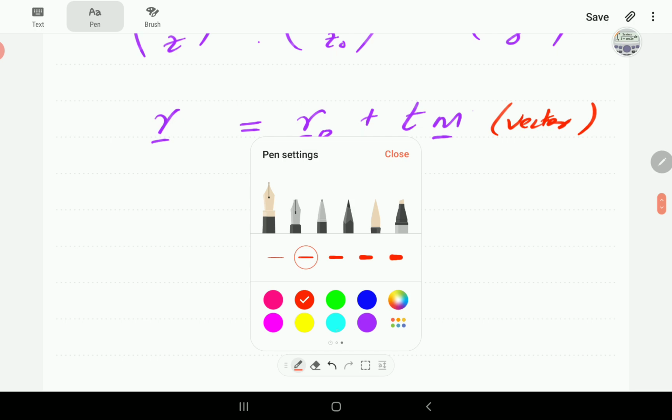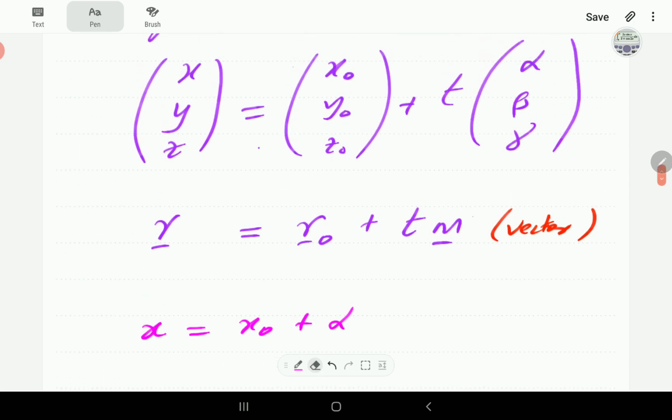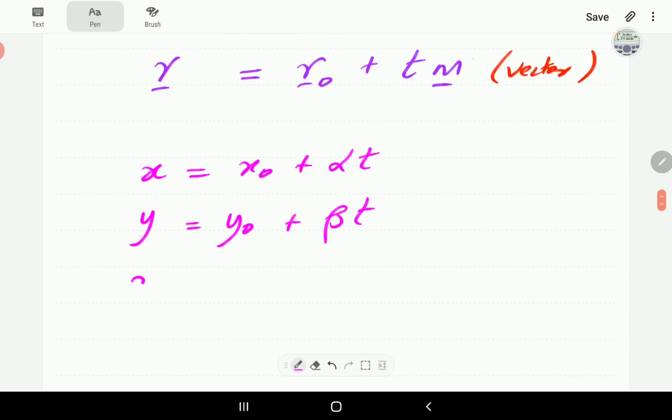Again, if we take the individual components, x is going to be x naught plus alpha times t, y is going to be y naught plus beta t, z is going to be z naught plus gamma t. This is the parametric form.